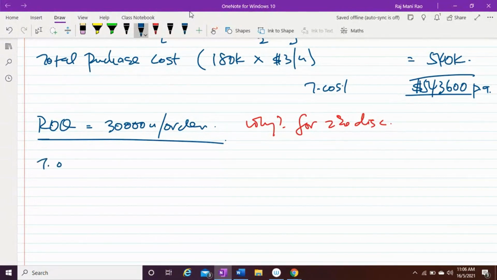So what is my total ordering cost? What is my total holding cost? If you're gonna order 30,000 units, the formula is the same, but the reorder quantity is 30,000. Faster, quickly.